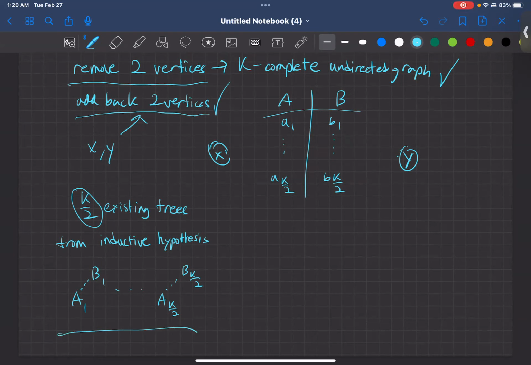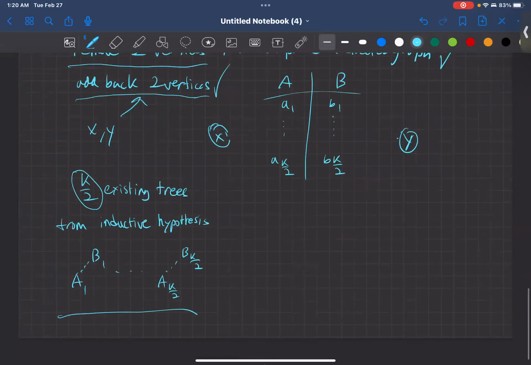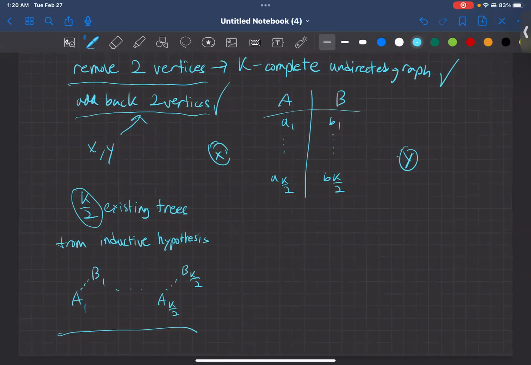These existing spanning trees can be expressed in such a way where we divide all the vertices of our complete graph into two groups, A and B. Each spanning tree will have elements from A and B, all connected in some arbitrary configuration that we are not sure of.